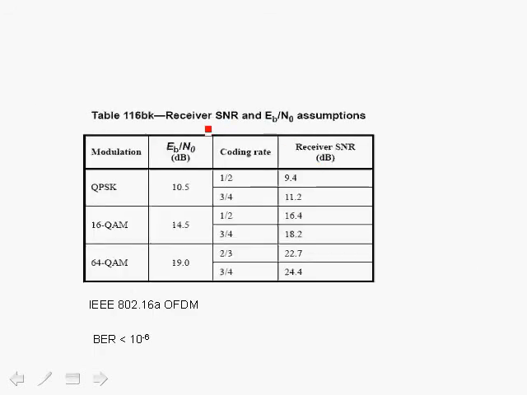Here's an interesting table from IEEE 802.16a for OFDM mode, in which, for various modulation schemes and code rates, the Eb/N0 is given in dB and also the required received SNR in dB. So at 64 QAM, the Eb/N0 is equal to 19, and the signal-to-noise ratio at 3/4 coding rate is 24.4 dB.